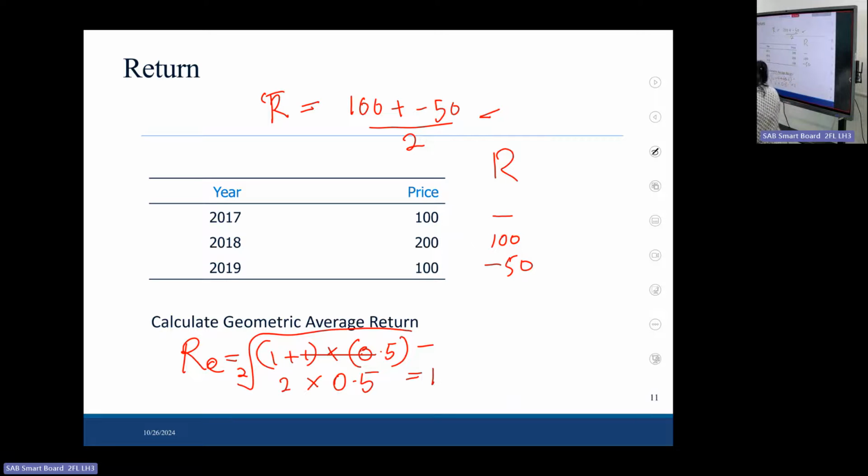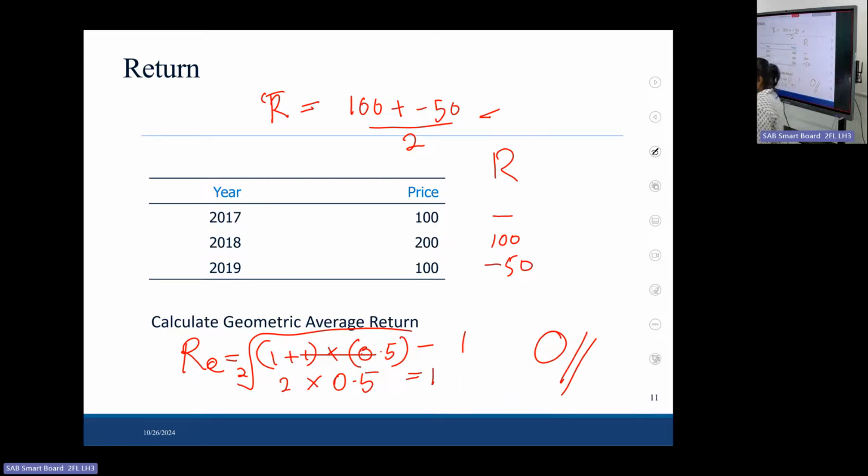From the answer, you have to deduct 1. So 1 minus 1, the answer is 0. This is the geometric mean.